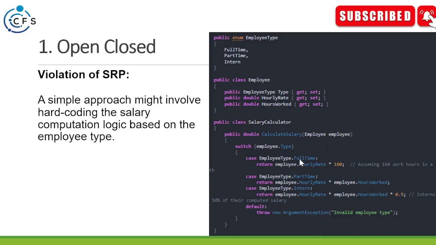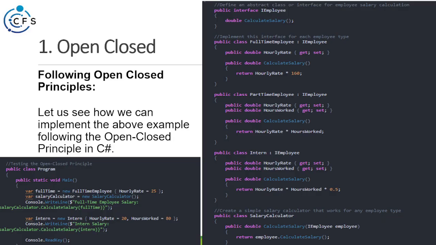That is not correct. So how should we follow the open closed principle? This is the code that indicates the open closed principle, where I am not modifying my existing code. How am I achieving it?